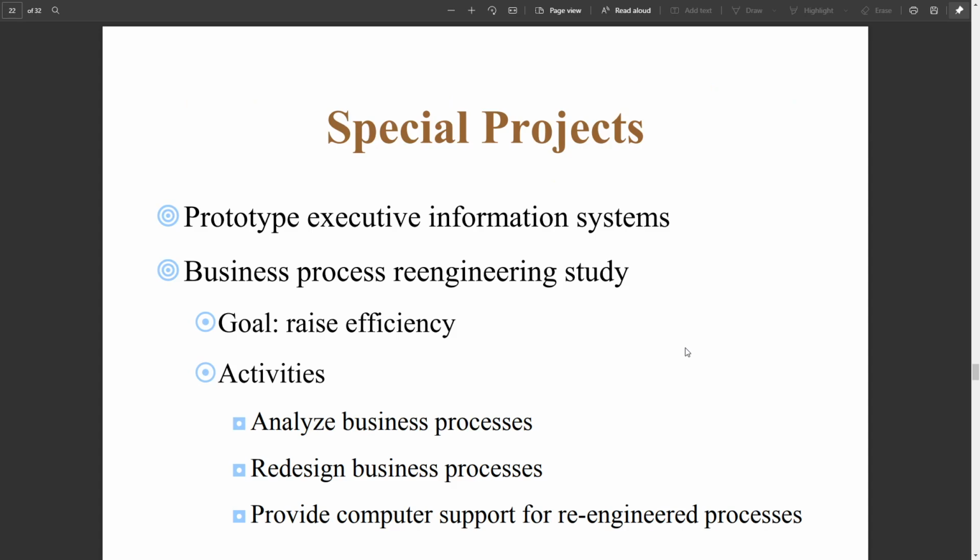The special projects are prototype executive information systems and the business process engineering study. The goal here is for us to raise the efficiency of the processes, and for activities, here we analyze the business processes. That's what you've got to do first in your chosen companies.